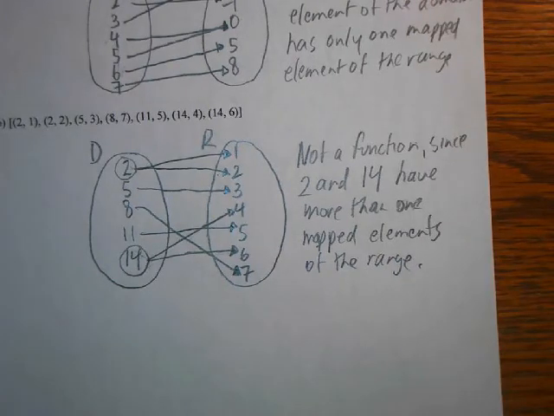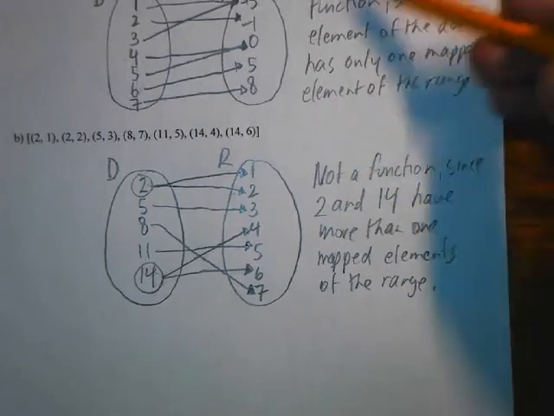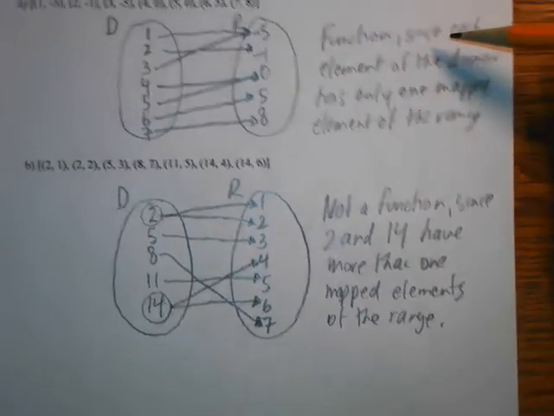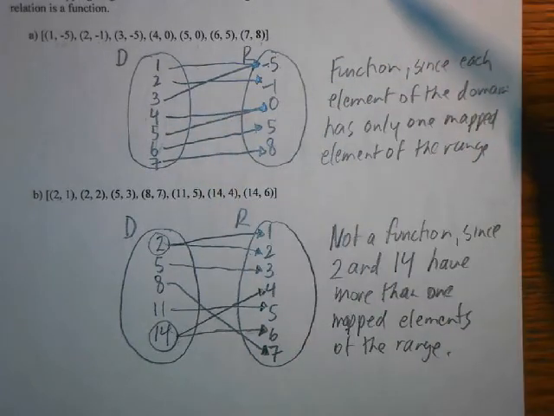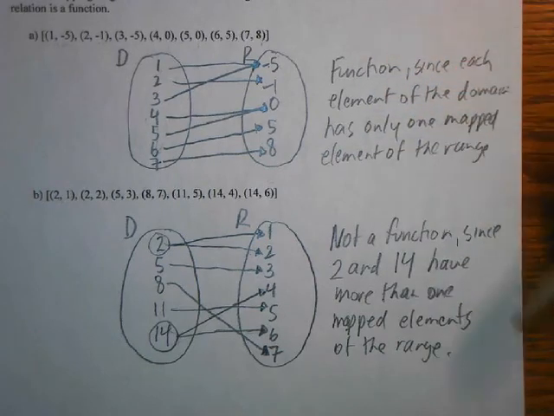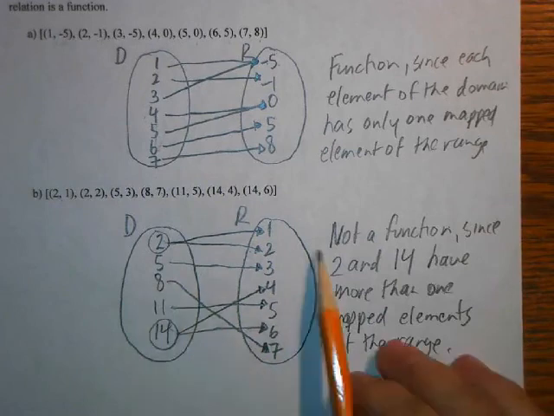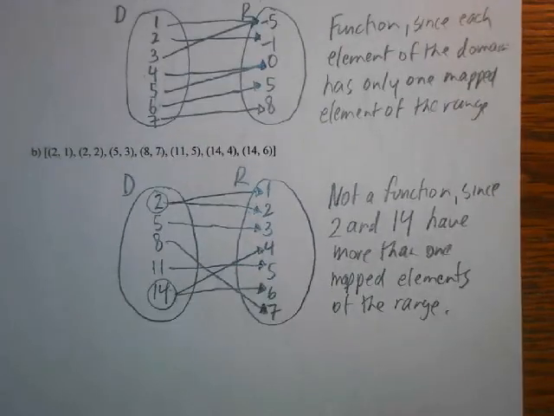Okay? You don't have to say it. When you answer a question like this, it doesn't have to be quite as technical sounding as this. You can just refer to the rule that each element of the domain of a function has one unique output, or in this case, one unique mapped value. So these two are violating that rule, therefore it's not a function.